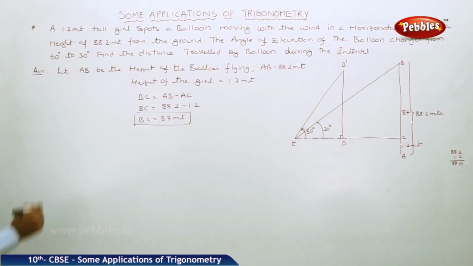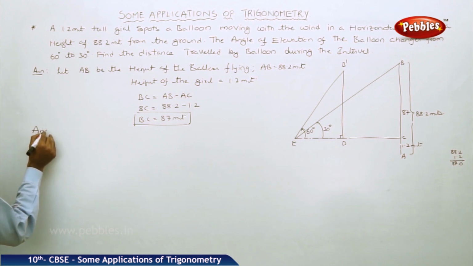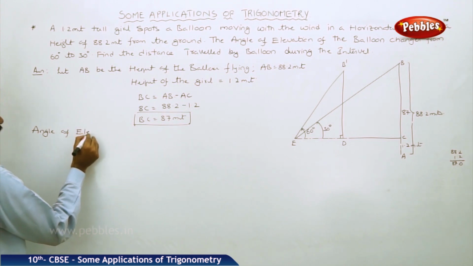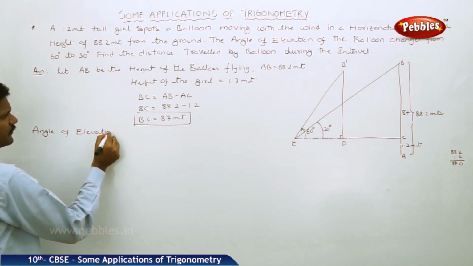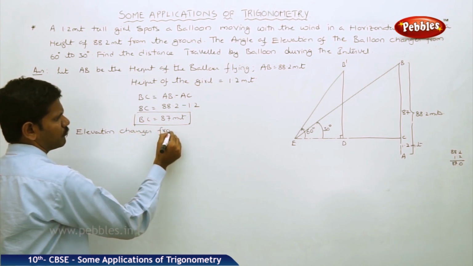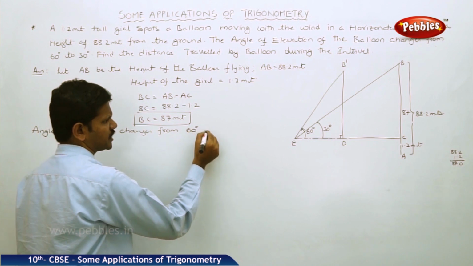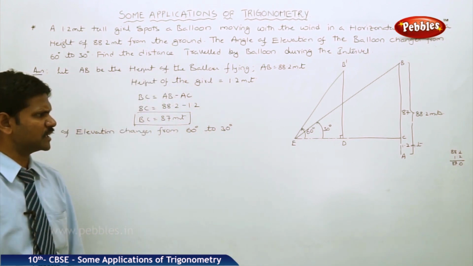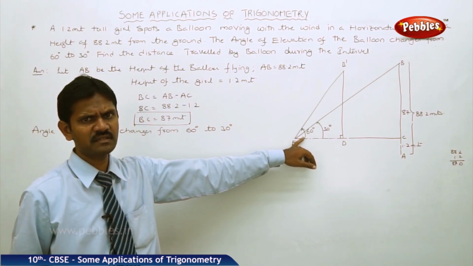Now the angle of elevation changes from 60 degrees to 30 degrees. That means at the very beginning the angle of elevation was 60 degrees.